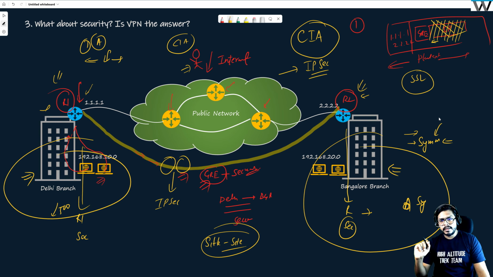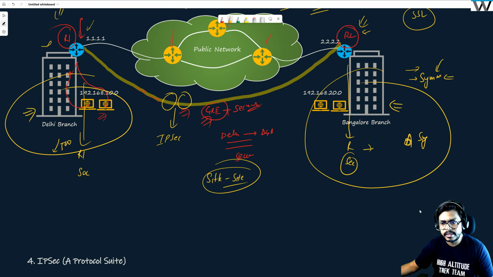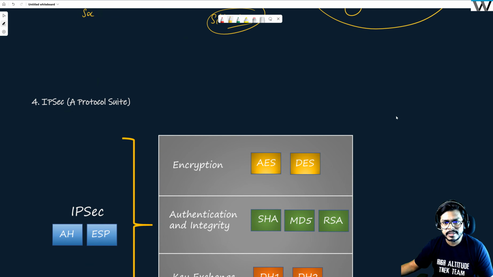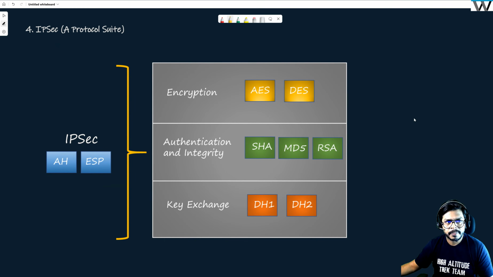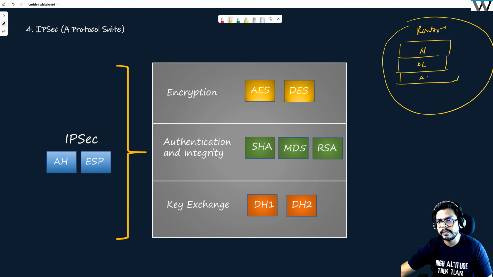What is the problem? The problem is how we are going to secure it, and for that we have Internet Protocol Security. And believe me, this is not just one protocol. So what we are doing here is, see, the packet comes to the network layer. We have the network layer, the data link layer, the application layer. Consider this as a router. The router understands layer 3, the network layer.